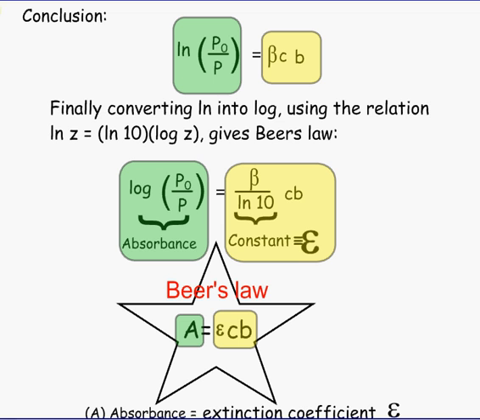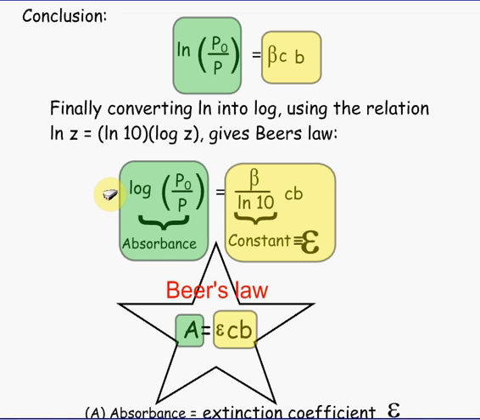So we're going to wrap this up with Beer's law. If we convert the natural log into log using the relationship that the natural log of z is equal to the natural log of 10 times log z, it gives us Beer's law.